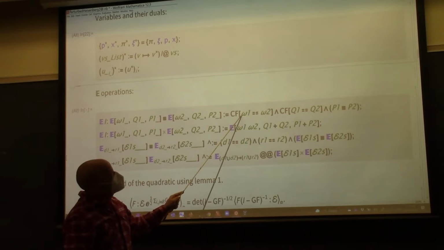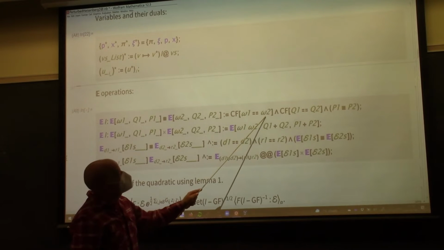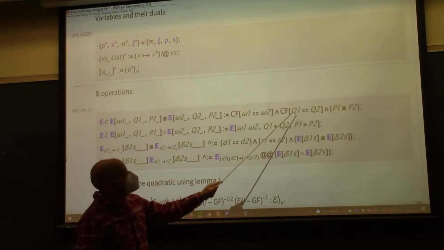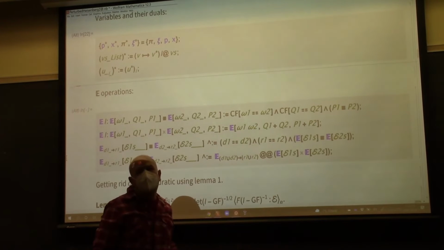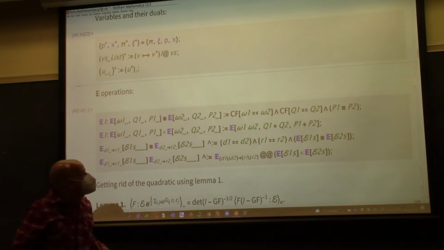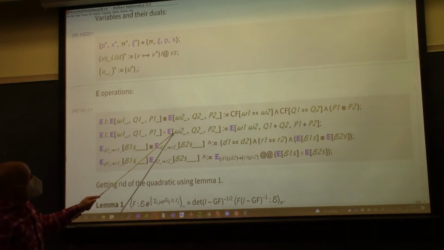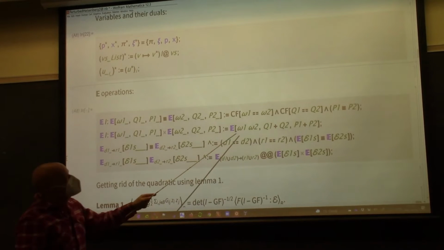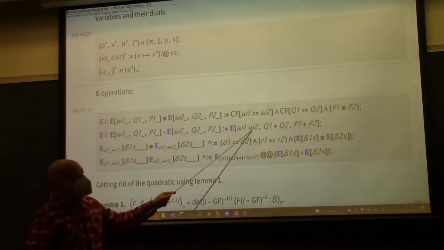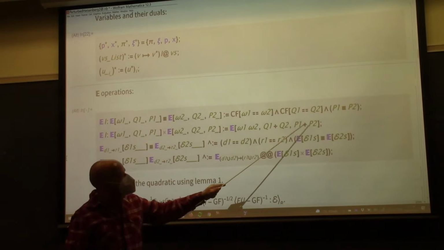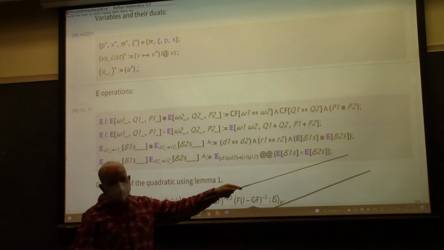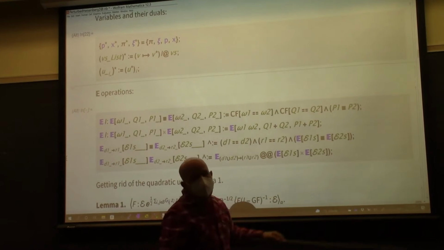You check if the canonical form of omega 1 is equal to the canonical form of omega 2, same for q1 and q2, same for p1 and p2. It's really boring. How do you multiply two generating functions? Well, you multiply the omegas and you add the q's and the p's because they're in the exponent.